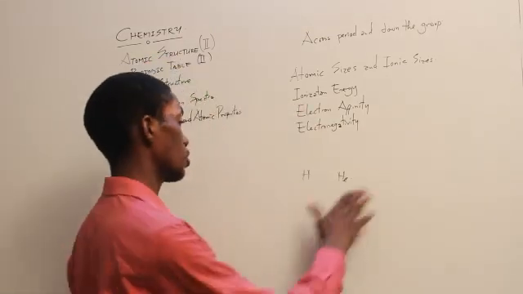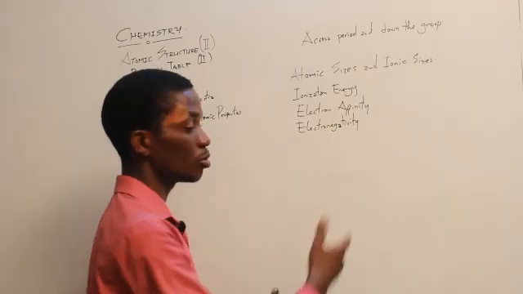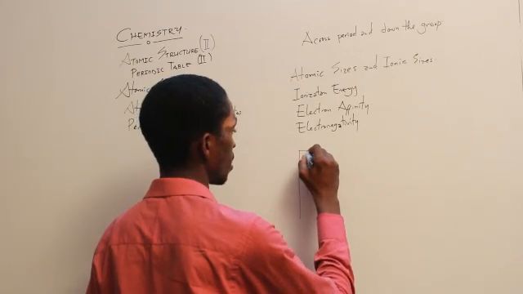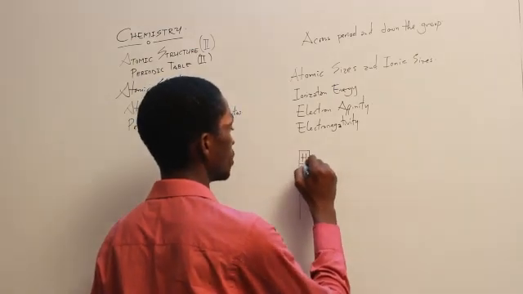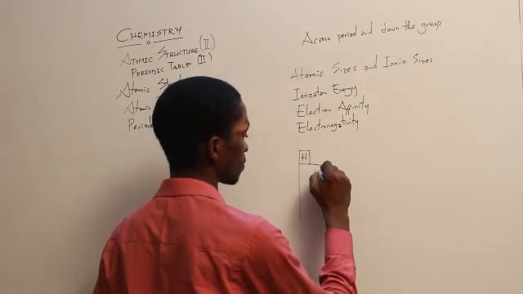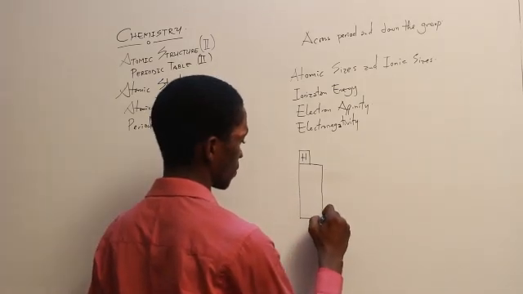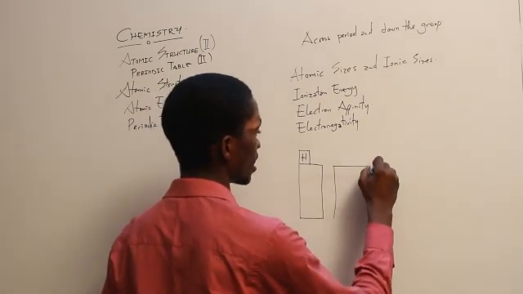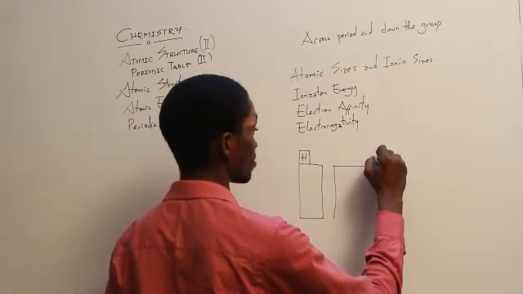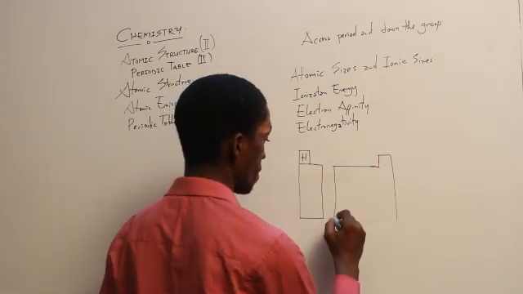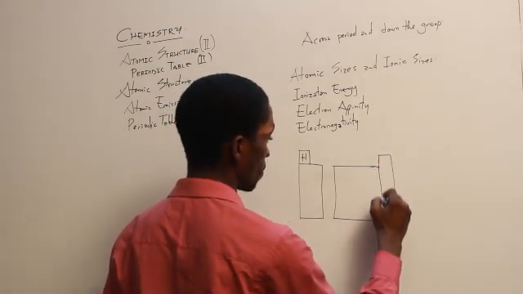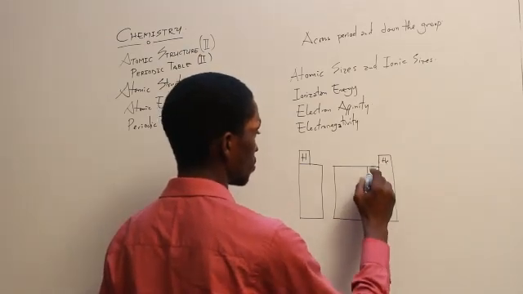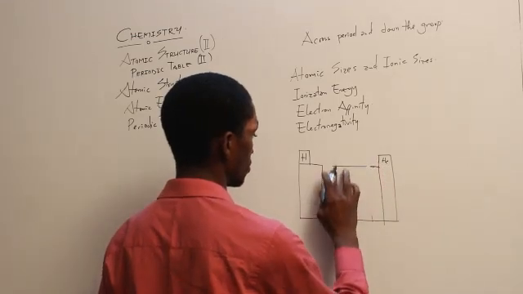Let's draw a periodic table so that we can look at that as we walk. Of course, our periodic table is something like this. I like to place my hydrogen here. I'll just leave the space for the transition metals. I'll pretend as if they are not there. So we have helium here.